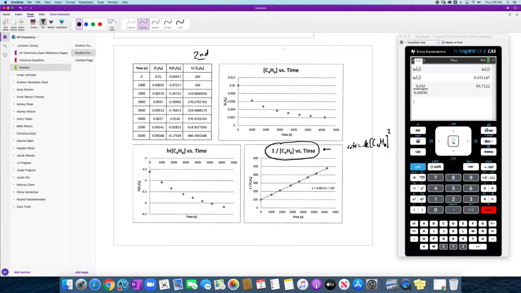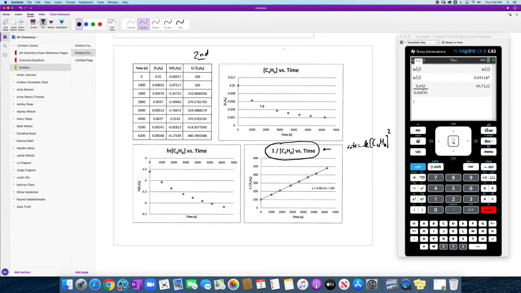First of all, how much time is required for it to drop from 0.01 to half of that? That would be 0.005, so right in here. And here's the curve. It would be right about there.